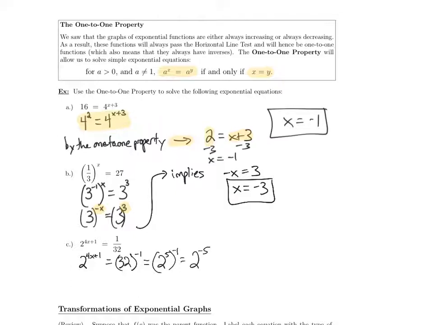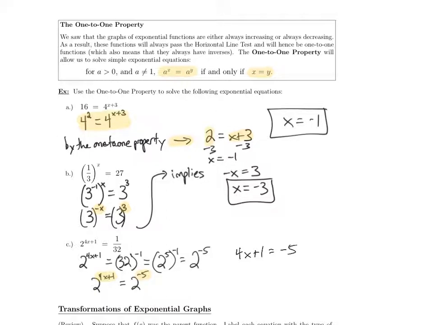Therefore, since 2 to the 4x plus 1 is equal to 2 to the -5th power, I can say that this is equal to this. So we end up with the exponent 4x plus 1 equal to the other exponent, -5.